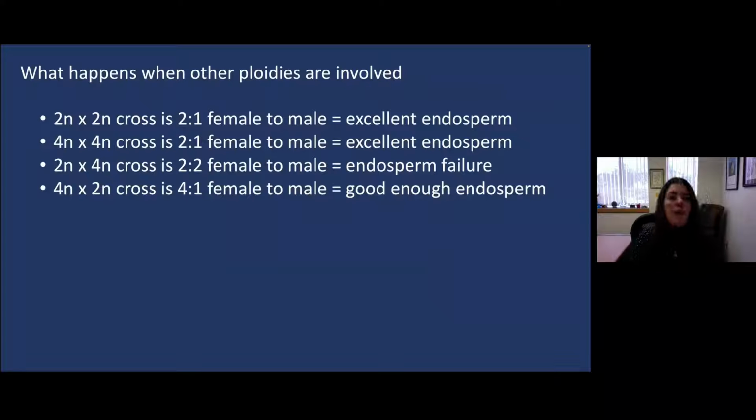So when you have a diploid by diploid cross, as is maybe nature intended with cannabis, you get this 2-to-1 female to male contribution. You get great endosperm, you get viable seed. In the tetraploid cross, you have a 2-to-1 again. You get good endosperm, you get good seed.